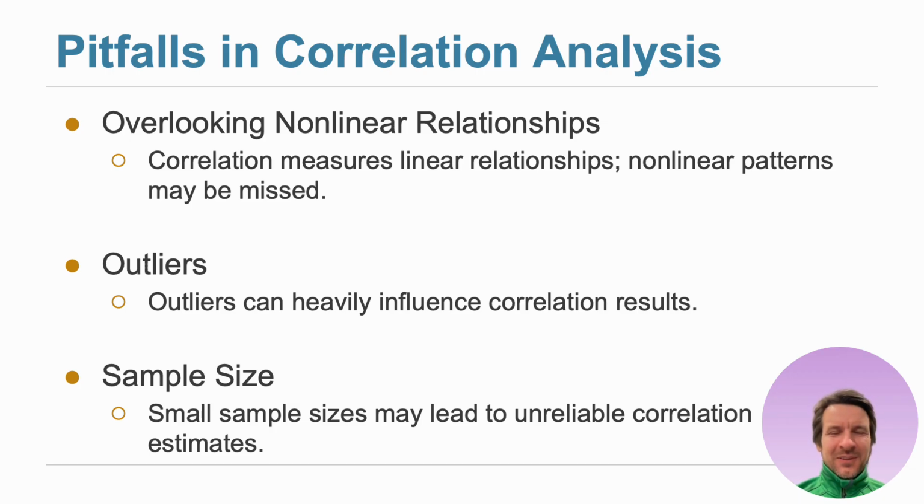Pitfalls of correlation analysis. If you just look at the number, you may miss things. You can maybe imagine easily that if the relationship between x and y is not linear, then you may have a correlation that's close to 0, but there is a pattern to be seen and used.